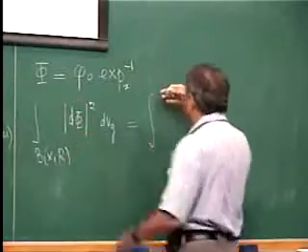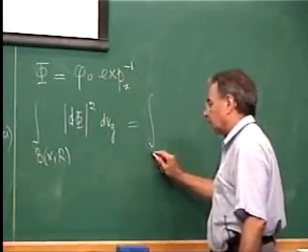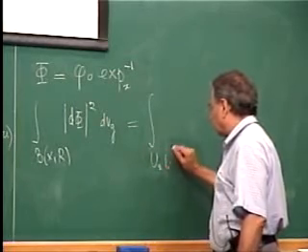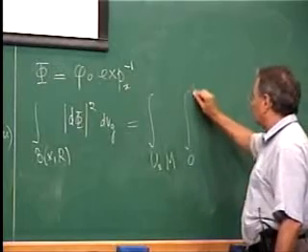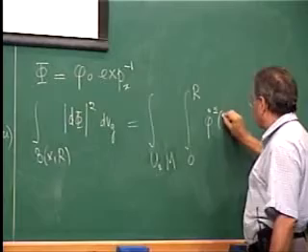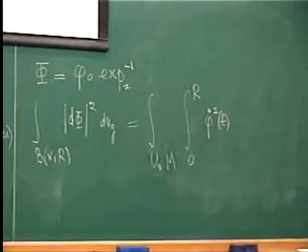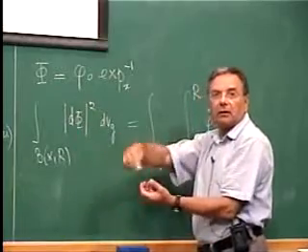Otherwise, you have to write down something more complicated. So you have the integral over the unit sphere, the integral from 0 to r, and then this is just the derivative squared of phi, because this function only depends on the distance to the point.